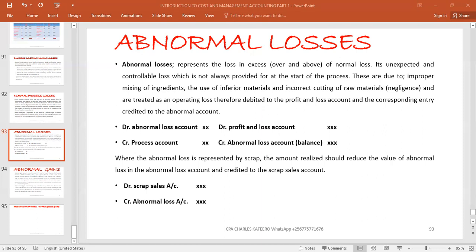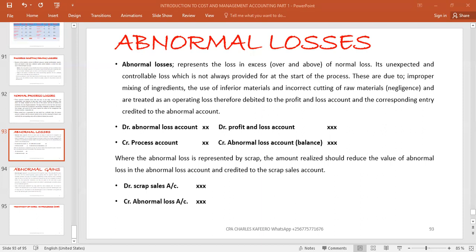We credit the abnormal loss account and debit the profit and loss account. Debiting profit and loss means subtracting that figure from the gross profit.